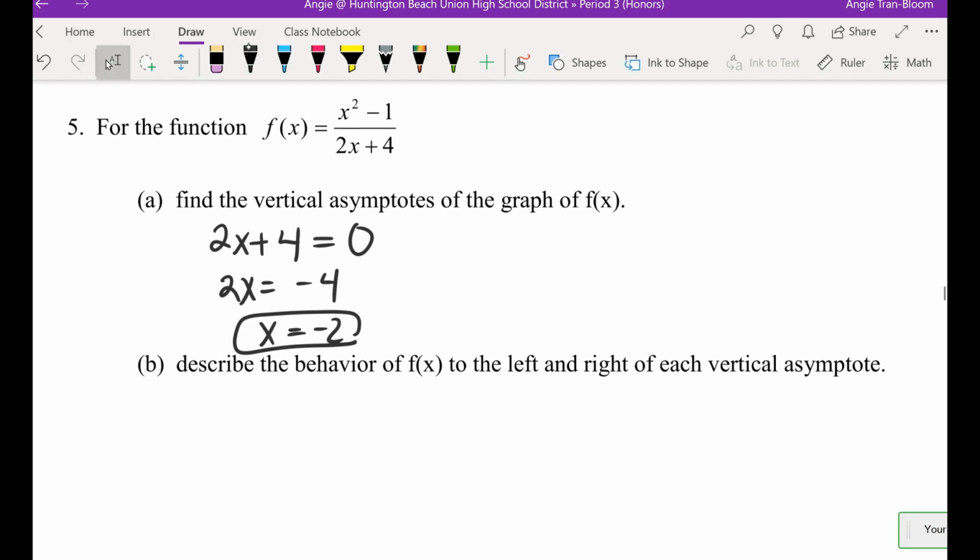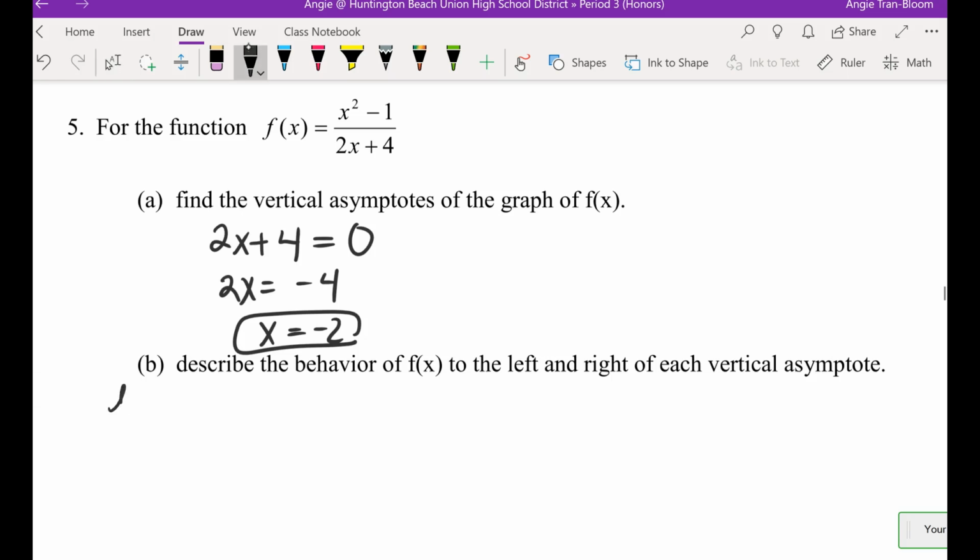B, describe the behavior of the function to the left and right of your asymptote. Since you only have one, how would you do that? We can use limits.